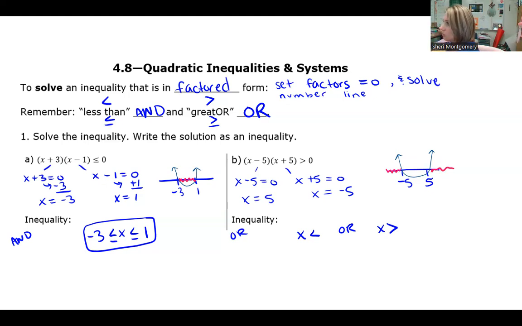It's here or here. If you set it up to where you write less than first, the smaller number always goes with the first blank and the bigger number goes with the second blank. So my answer to when is your graph above the x-axis, which is what this is asking, is when x is below negative 5 or when x is bigger than 5.